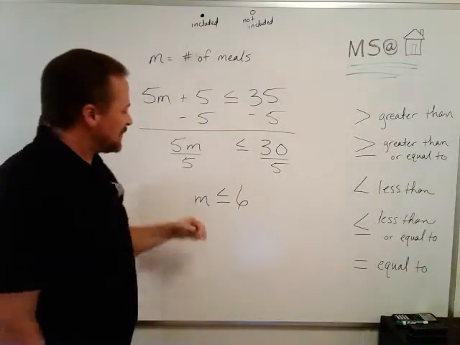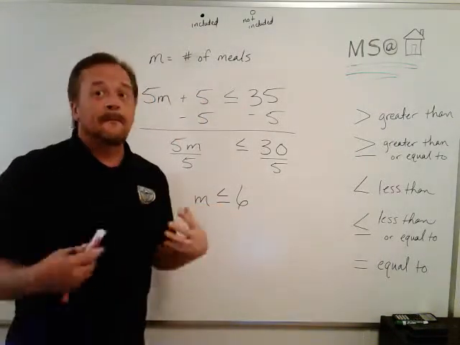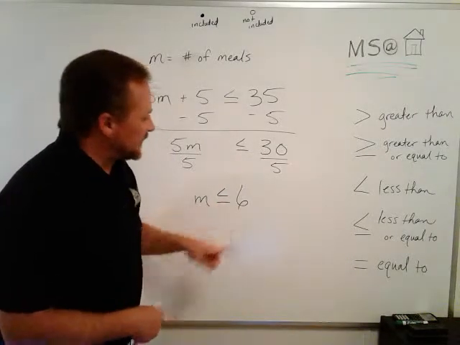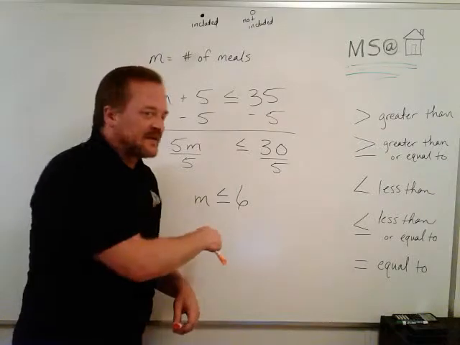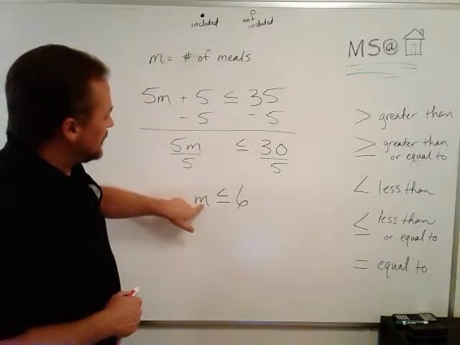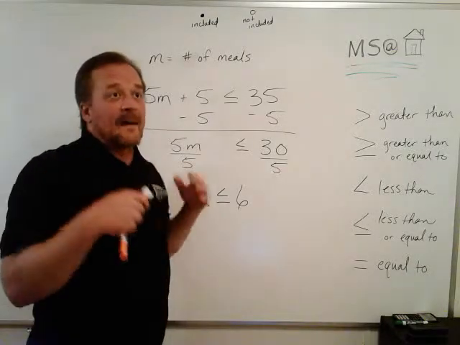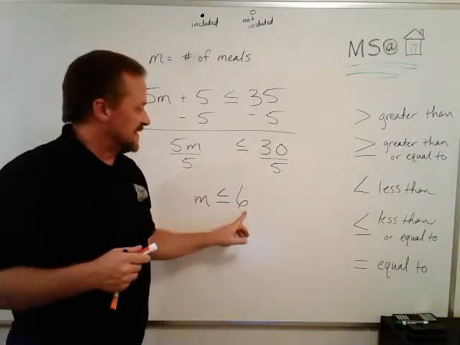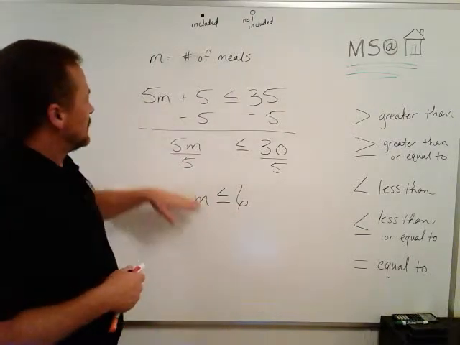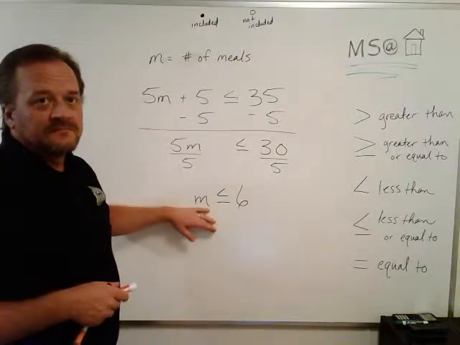All right? What does M is less than or equal to 6 mean? First of all, this time I'm including 6. So what this means is that the number of value meals that I can buy at most is 6. Okay? Can I buy fewer than that? Well, I can.